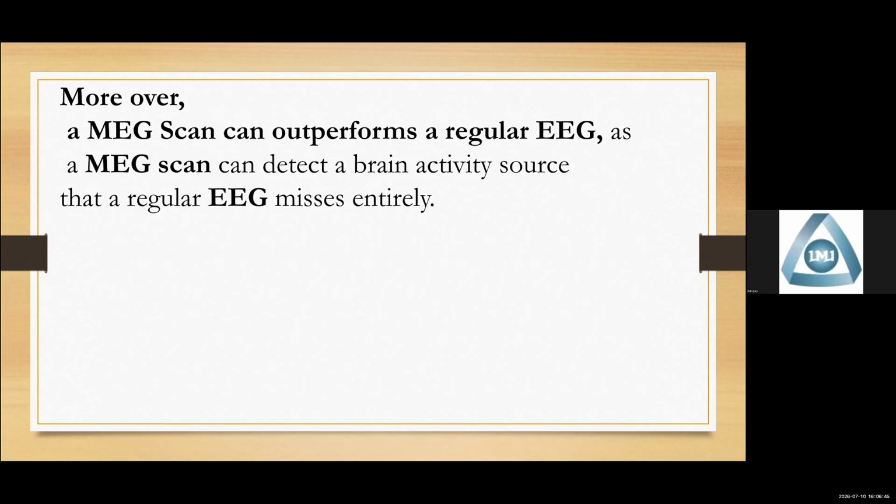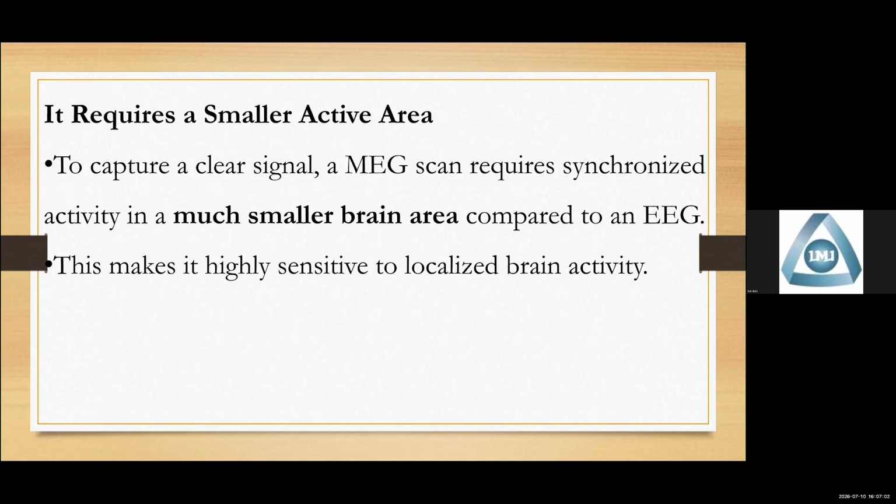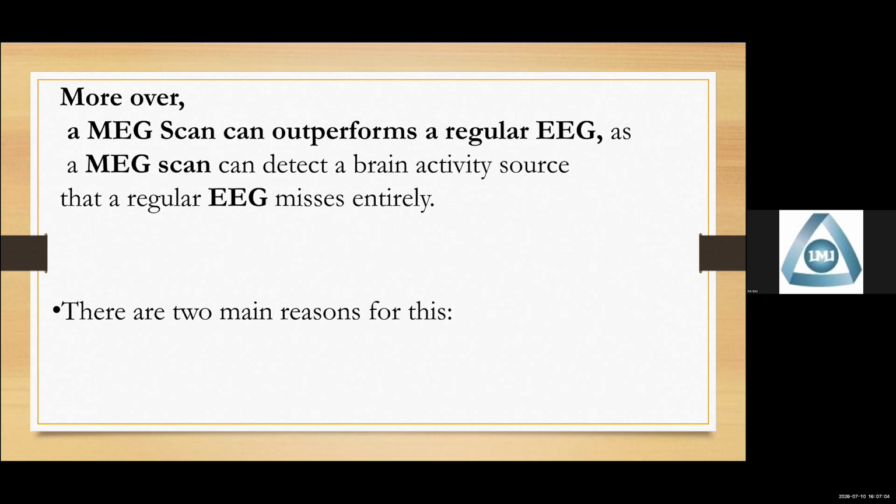Okay, moreover, an MEG scan can outperform a regular EEG, as it can detect brain activity sources that a regular EEG misses entirely. There are two main reasons for this.